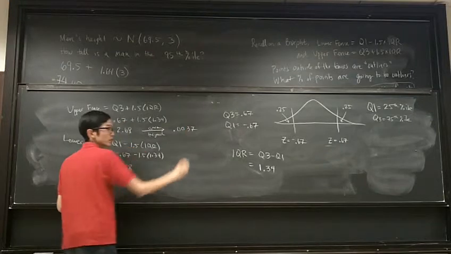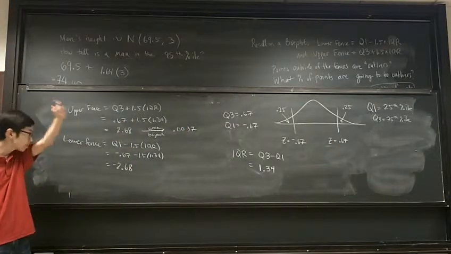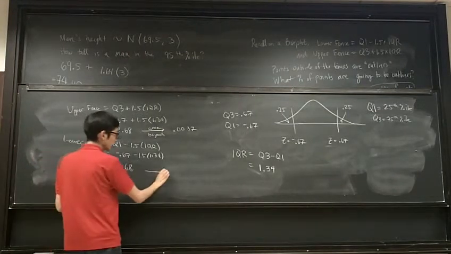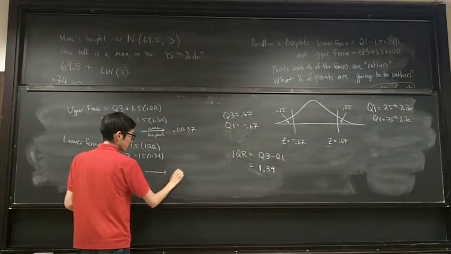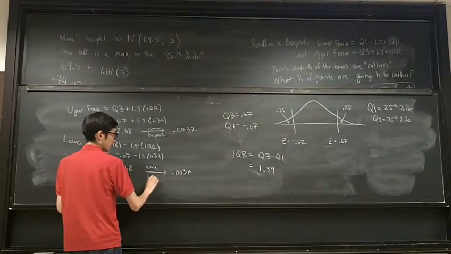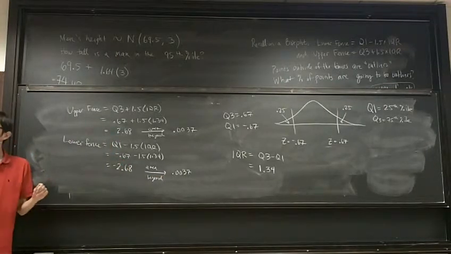Is that right? Yeah, 37. And then negative 2.68 will also give me 0.0037. Okay, are you guys following me or no?